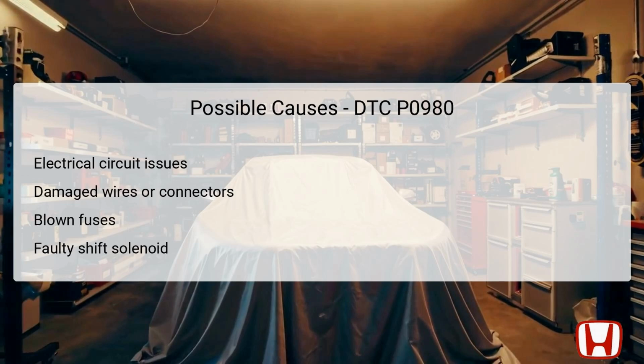Additionally, blown fuses can cut power to essential components, preventing proper function and activation of the solenoid. Faulty shift solenoids themselves can also be a primary concern, as deterioration or internal damage leads to malfunctions that trigger DTC codes. Identifying the specific cause is paramount for effective resolution to prevent similar issues in the future.